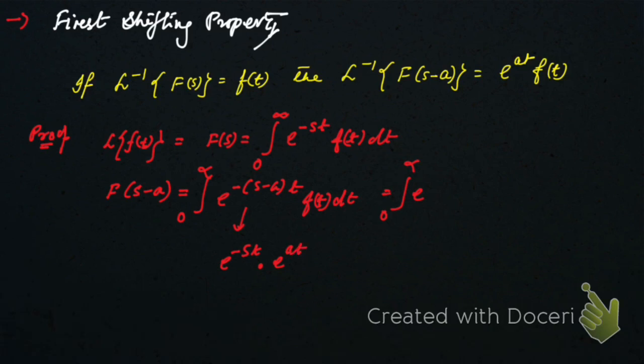You can write that way. So we get the integral from 0 to infinity of e to the power minus st, in brackets, then e to the power at f(t) dt. That's what we got.